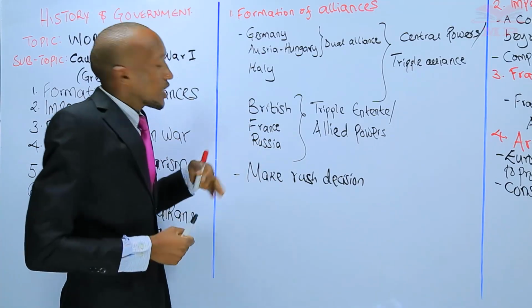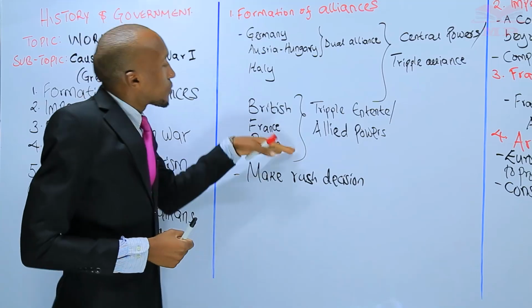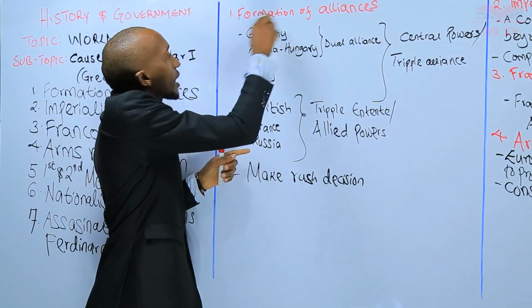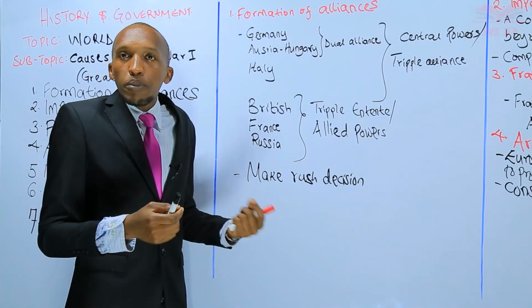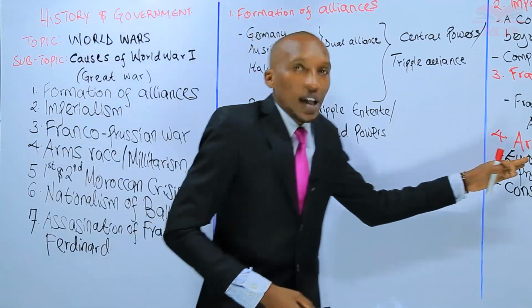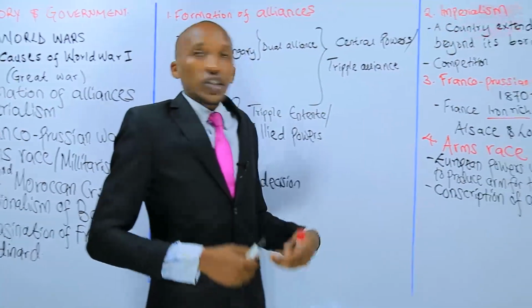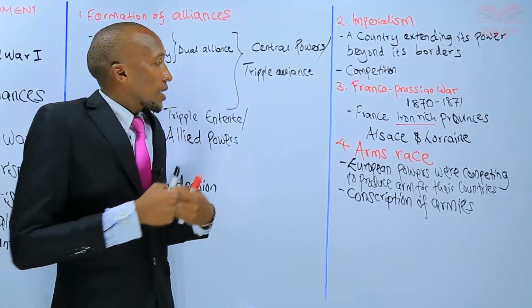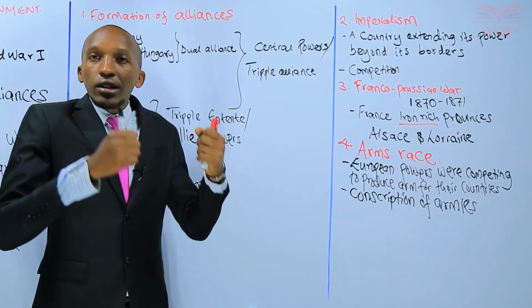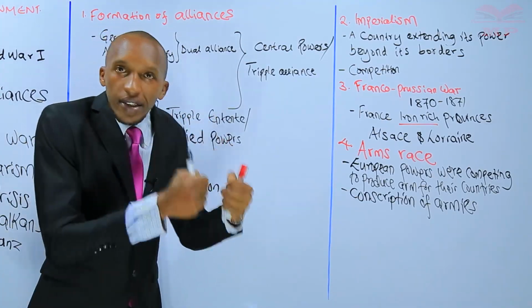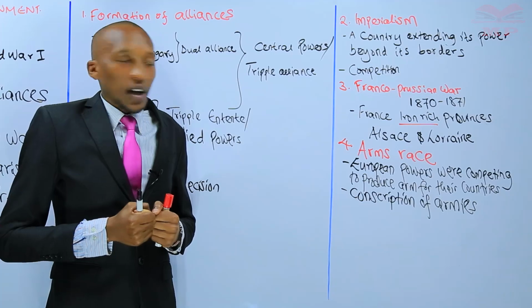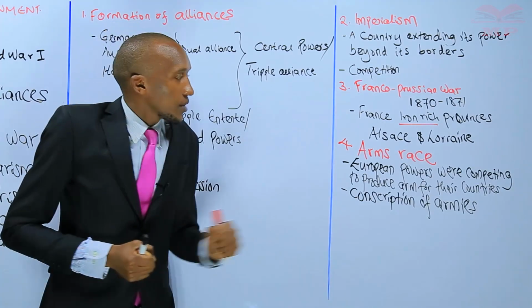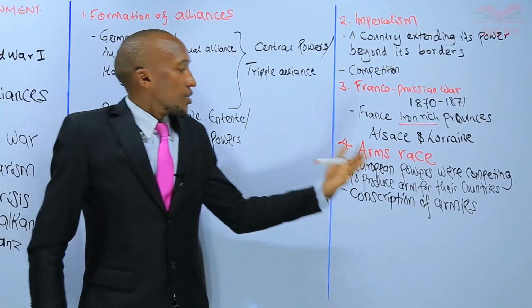So you'll find Russia is producing arms that not any other country among all these is able to produce. That is what we are referring to as an arms race. Each country was at a rush. Let us make the best weapons so that we could best defend ourselves. Are you together, my learner? Yes, that is all about arms race.